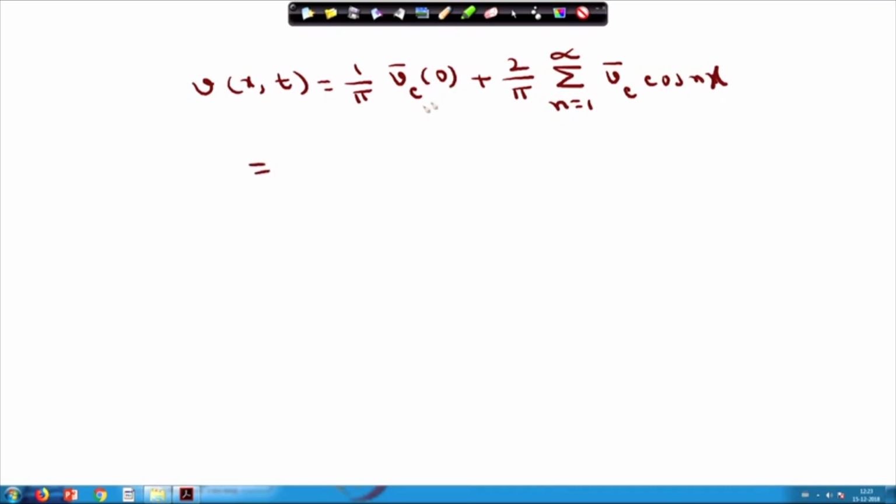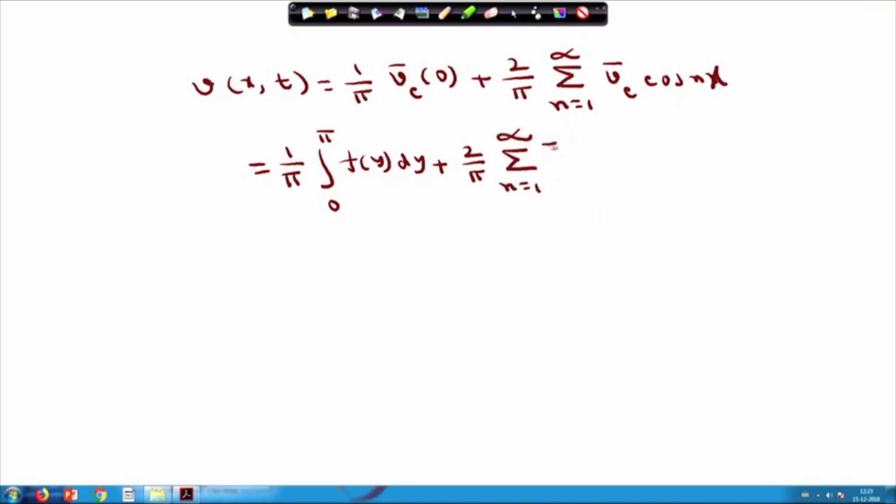So, V bar c 0 we already evaluated on the earlier slide. So, 1 by pi times integral 0 to pi f y dy, plus 2 by pi summation n equals 1 to infinity.